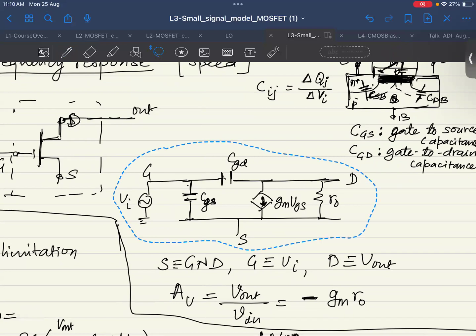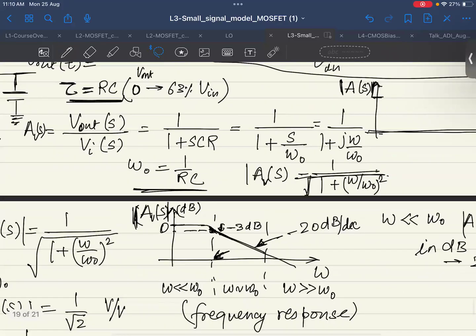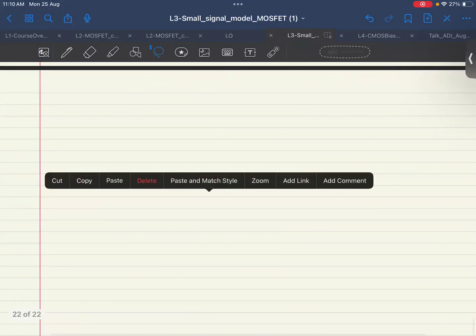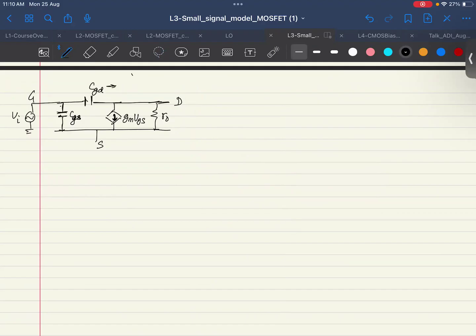So now once you have this revised network, one could again try to, now this is just a simple calculation, right? You could try to see what your gain is. Now we are interested in obviously frequency dependent gain. This would turn to 1 by SCGS, right?